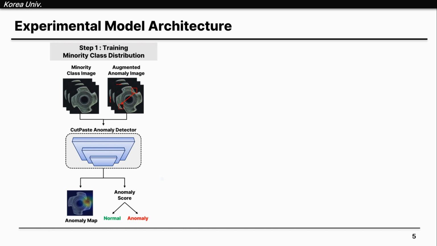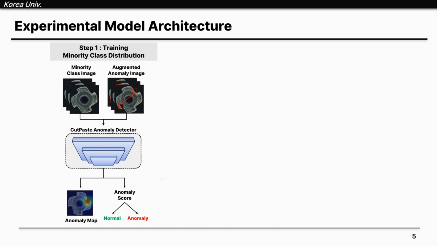For this purpose, I use a one-stage anomaly detector called CutPaste, which augments the anomaly images by cutting a random portion of a minority class image and pasting it into a random location in that image.